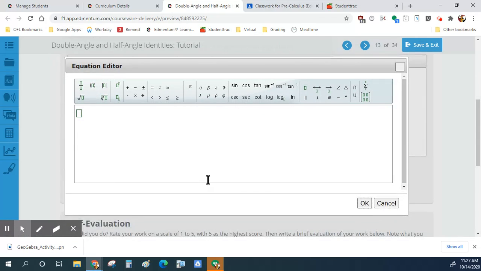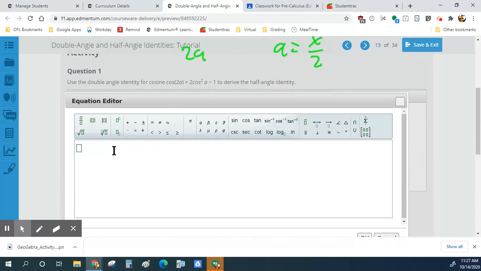So we already know that cosine of 2 alpha is equal to 2 cosine squared of alpha minus 1.